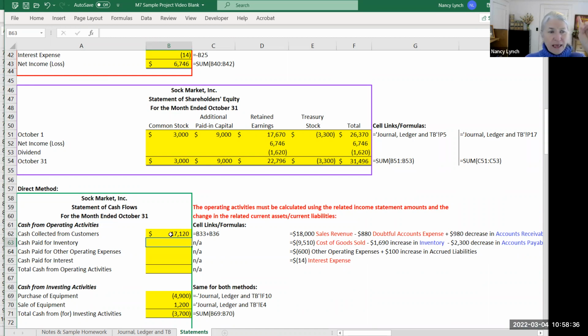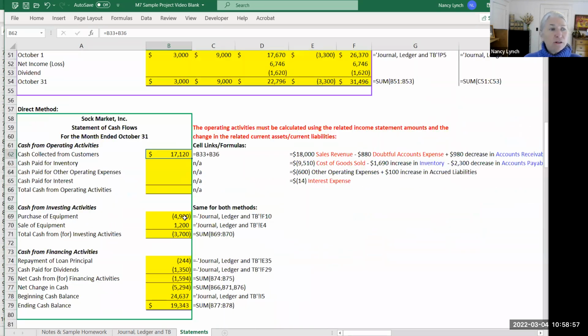One more time, we're going to take our sales and our doubtful accounts expense. If you can look at it this way, we're trying to get our sales that are good sales and get it to be the amount of cash collected from customers. So that's why I'm subtracting these, and I'm also going to then compare it to the balance sheet.